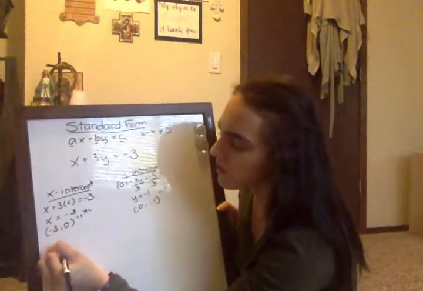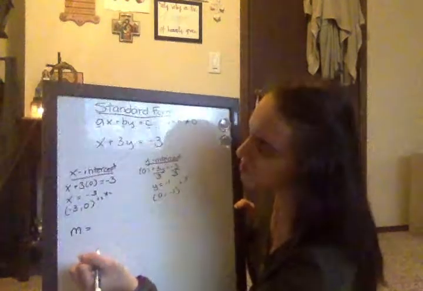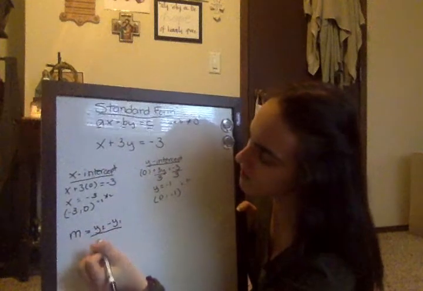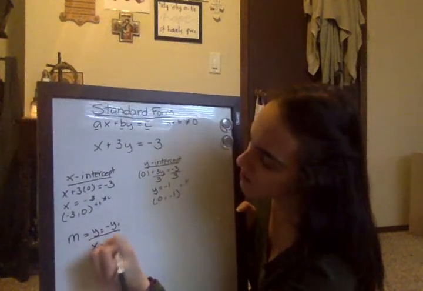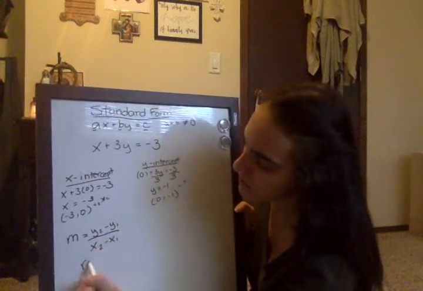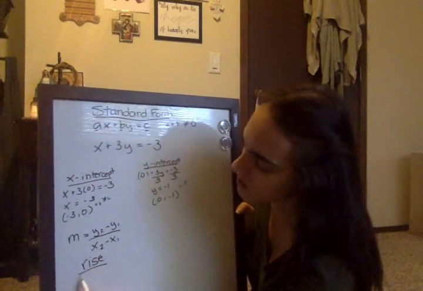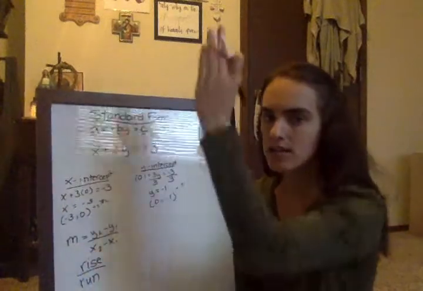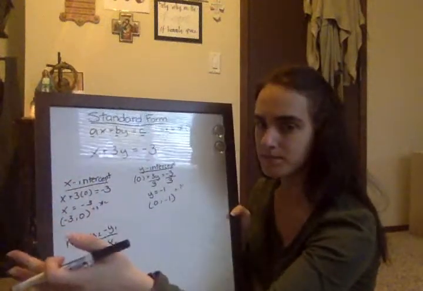Remember the equation for slope is m equals your change in y's, y2 minus y1, over your change in x's, x2 minus x1. Remember, rise over run. Y's over x's.